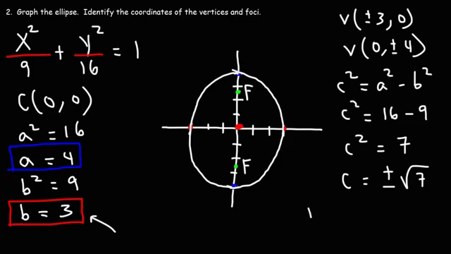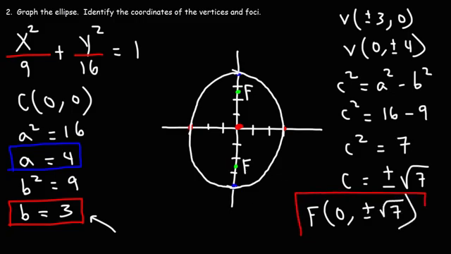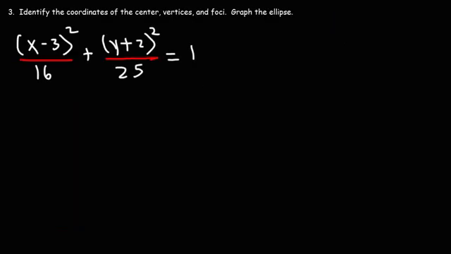Now the coordinates of the foci in this problem is going to be 0, comma, plus or minus c, or 0, comma, plus or minus the square root of 7. So that's how you could find the coordinates of the foci, as well as the coordinates of the vertices.